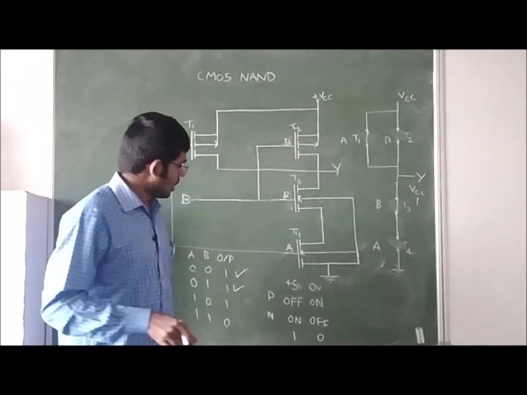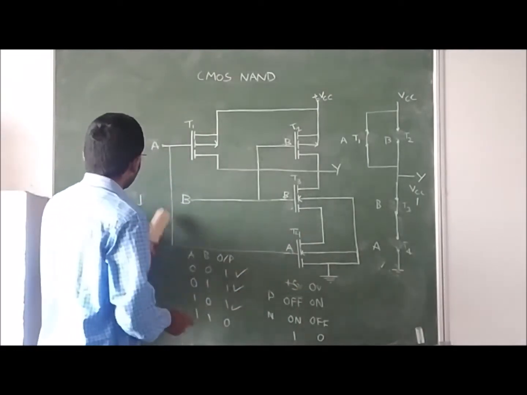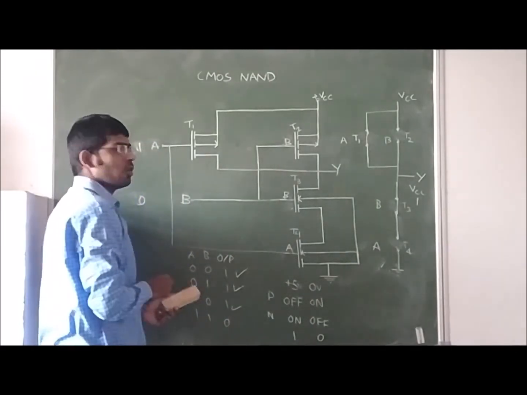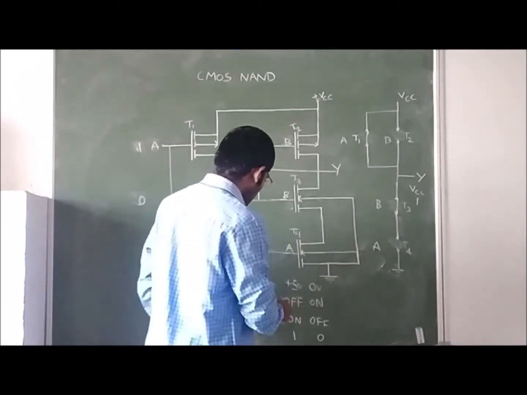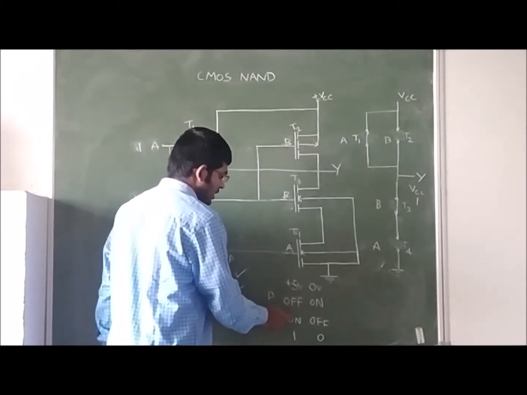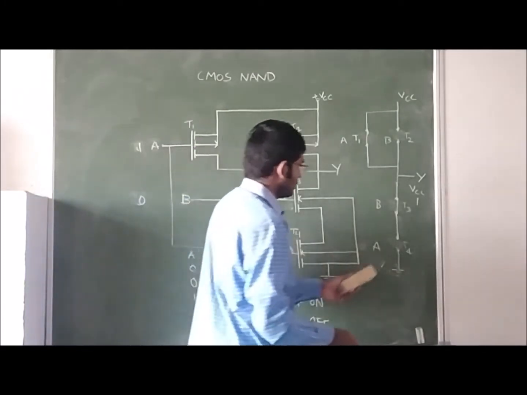Next we are checking if we give A equal to 1 and B equal to 0. If A is equal to 1, the P-channel MOSFET is in off condition and the N-channel MOSFET is in on condition.